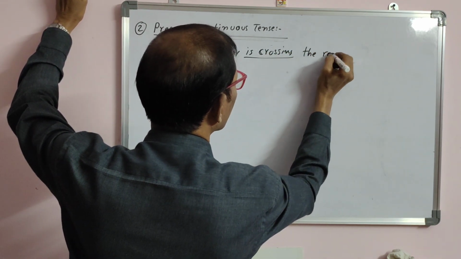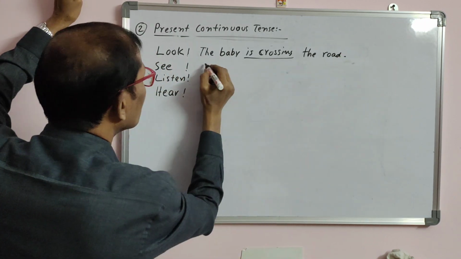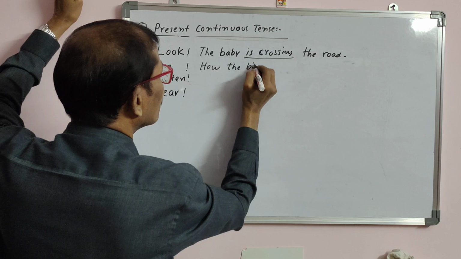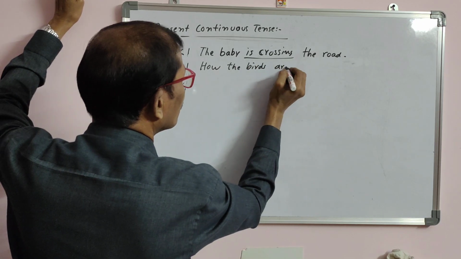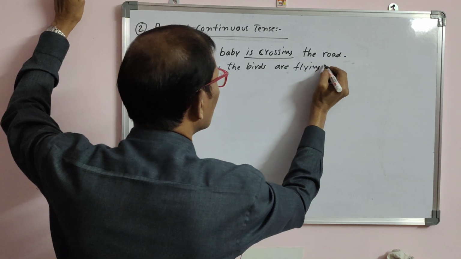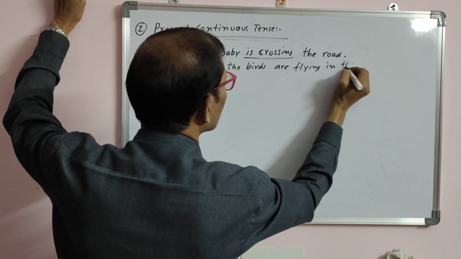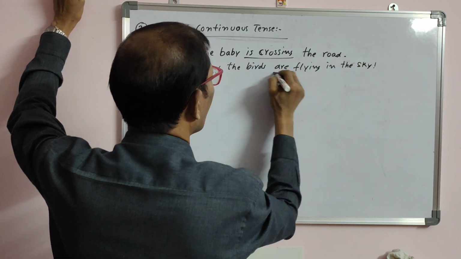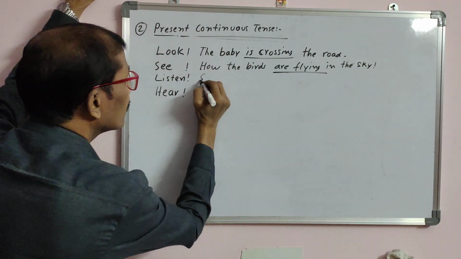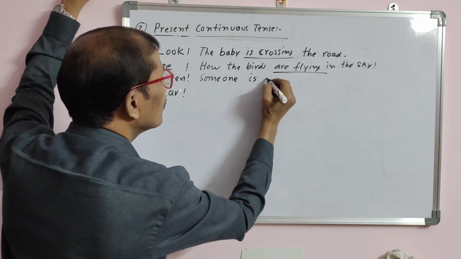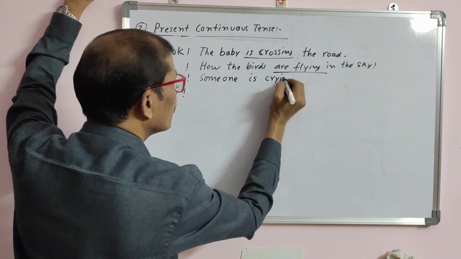Present continuous tense. See how the birds are flying. How the birds are flying in the sky. Listen, someone is crying.